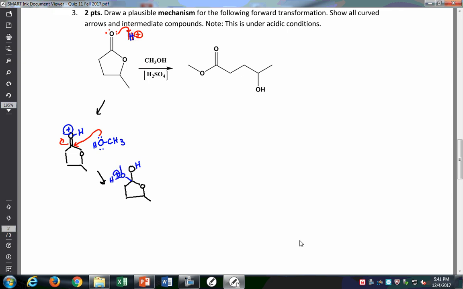Don't forget your formal charge. Now before we go anywhere else, we're going to have a proton transfer to neutralize this compound. Again, you're doing this in catalytic amounts of H2SO4, so that means you have some water present. So I can assume water is deprotonating. You could also show the methanol deprotonating. But when the water deprotonates, it just forms H3O+. Remember, we'll often show acid as H3O+.